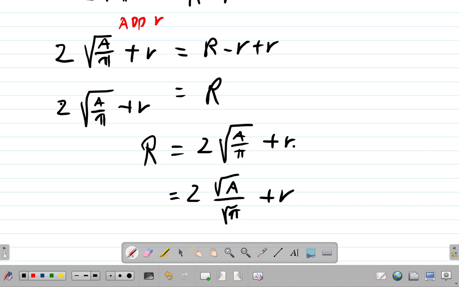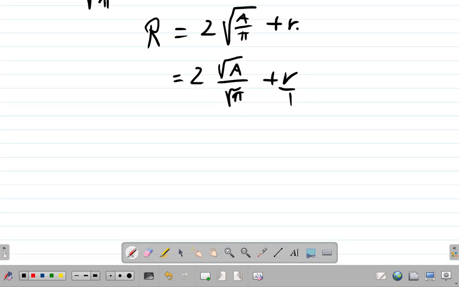Now, it's possible for you to get it looking in another way. It could be 2 square root of A. Now, if you draw the line here and find the LCM, working it out as a fraction, if you do it in another way, you might get something like this.